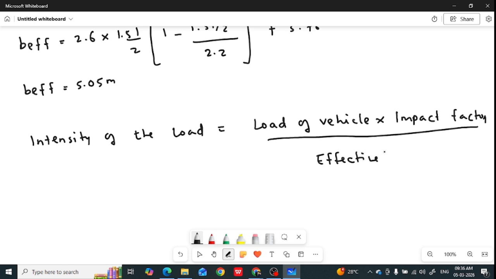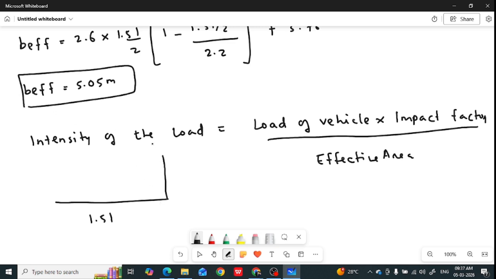We have seen the dispersion in the length direction, that is 1.51, and we have also seen the dispersion along the width direction, that is the effective width. So the dispersion along the width is 5.05. This is nothing but your effective area.